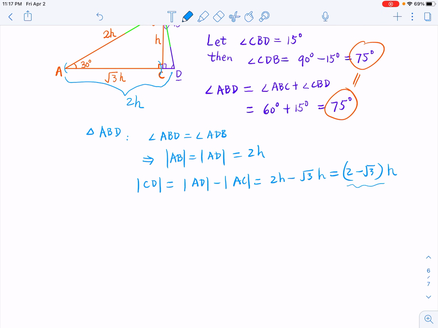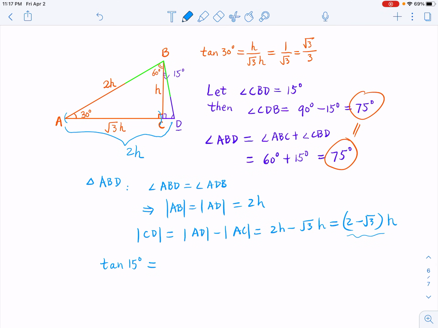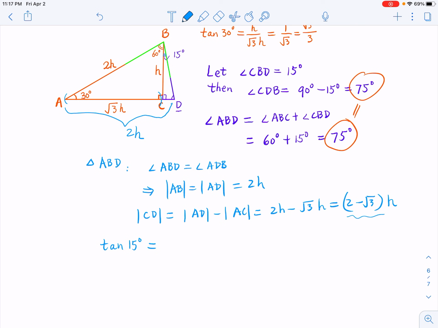So from here we conclude that the tangent of 15 degrees would equal, by definition, when we look at this 15 degree angle here with the right triangle BCD, the length of CD divided by the length of BC.